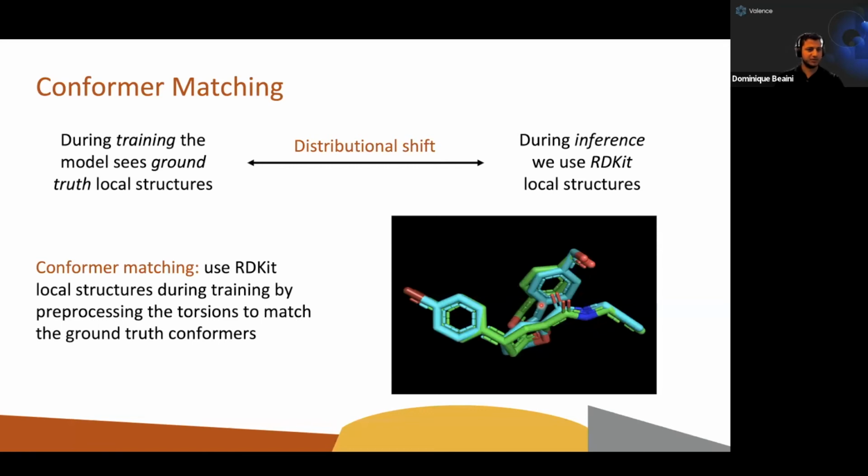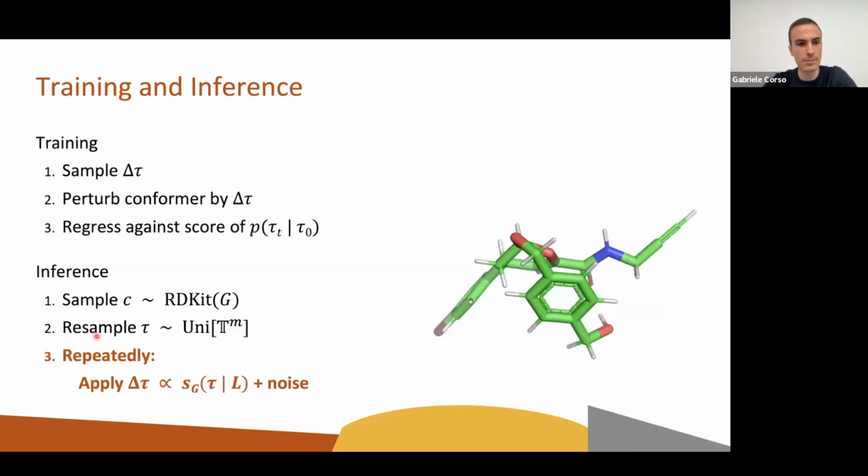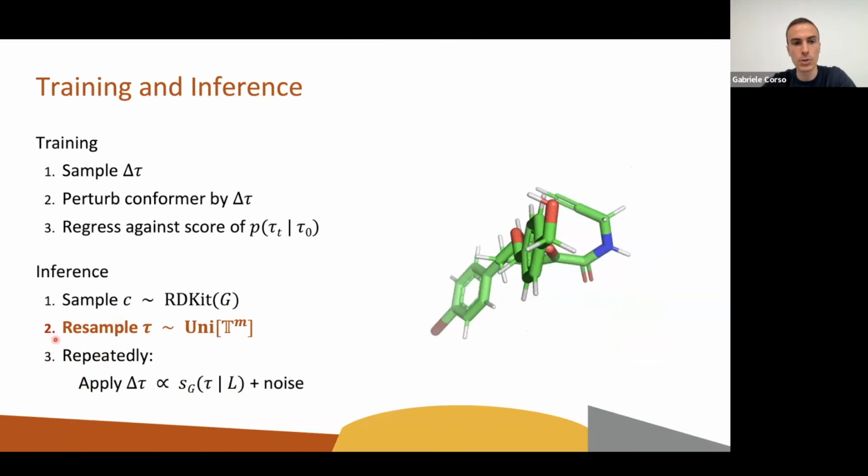Sorry, Dom, I think it was a misunderstanding, because we actually do that. This is a critical part, step 2 in our inference procedure. We start from the RDKit structure, but we don't want RDKit torsion angles, so we completely randomize them. You could start from RDKit torsion angles, but then you would have worse recall because you're not really sampling from the distribution on which you train.